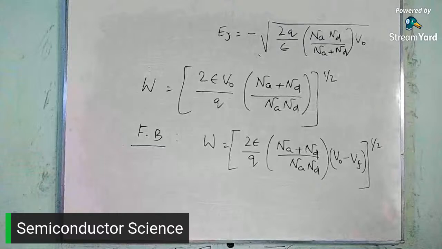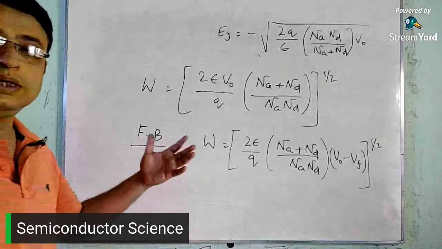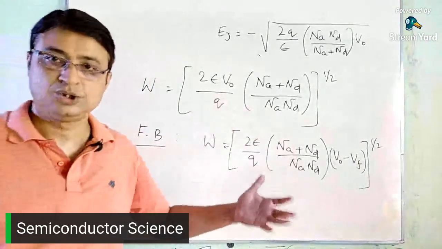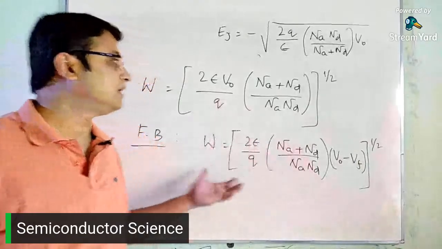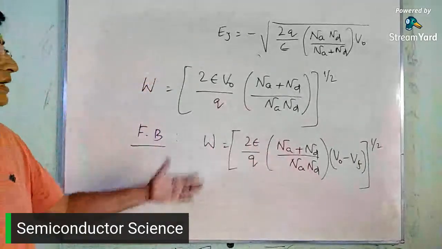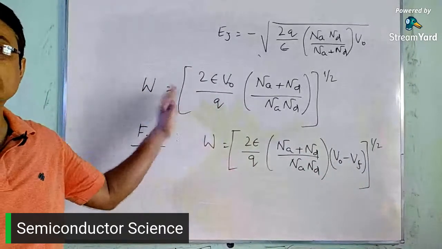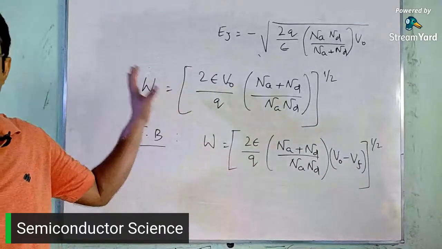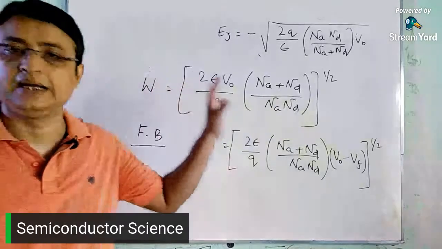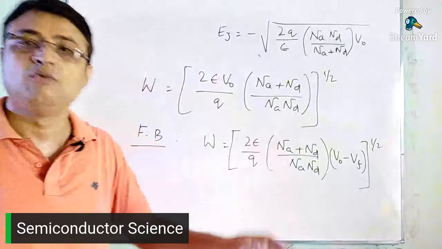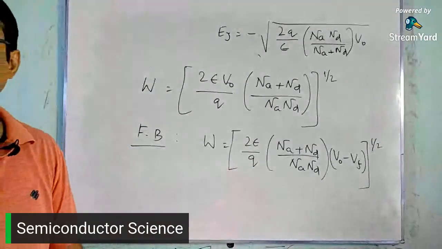So we would expect the width W of the depletion layer to decrease under the forward bias condition, as you can see by comparing these two equations. This one is for the case of no bias, or the case at equilibrium, and this is the width of the depletion layer when a forward bias is applied.